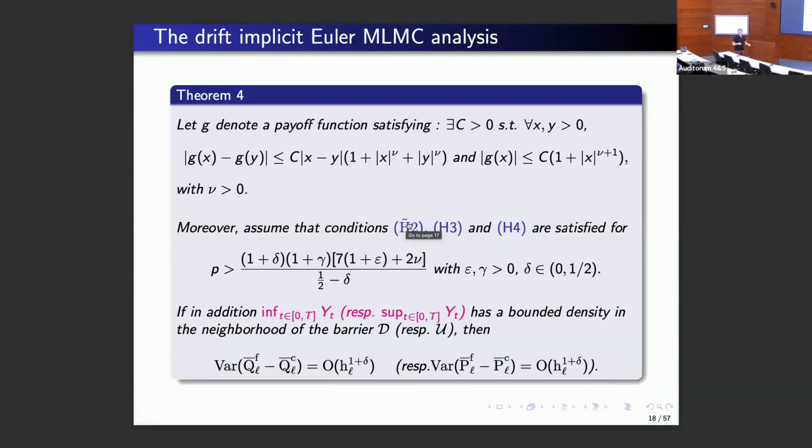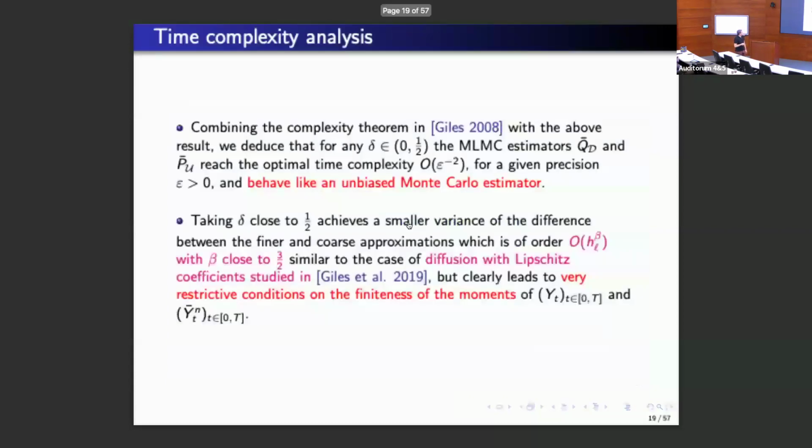This is 1 plus delta, and this is enough to make the multi-level optimal, because beta has to be strictly larger than 1. So I needed just a strictly positive delta for which I achieved this rate of convergence for the variance. So a first remark: if we combine this with the complexity theorem I showed you before, we have the optimal regime for the multi-level Monte Carlo, epsilon to the minus 2.